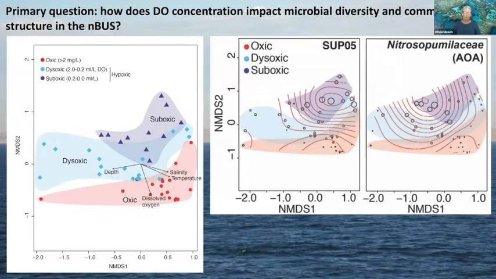What this is showing is the same ordination, but the bubble size indicates how abundant these two really important clades of microbes are: SUP05 and Nitrosopumilus, or ammonia oxidizing archaea. I hope you can see that when you have suboxic to dysoxic conditions, these SUP05 bacteria are most abundant, and the same for these ammonia oxidizing archaea.